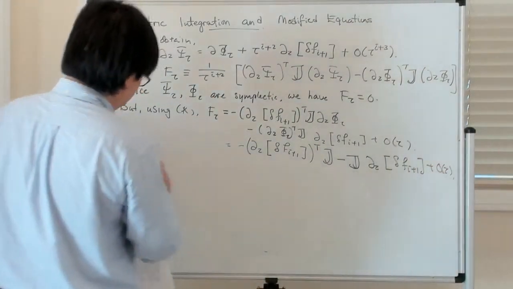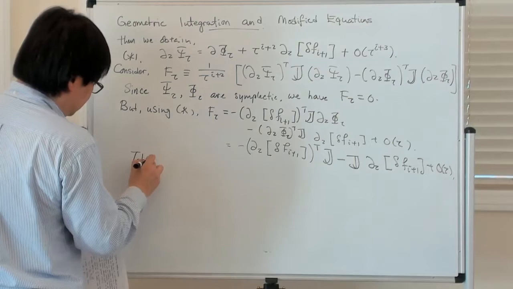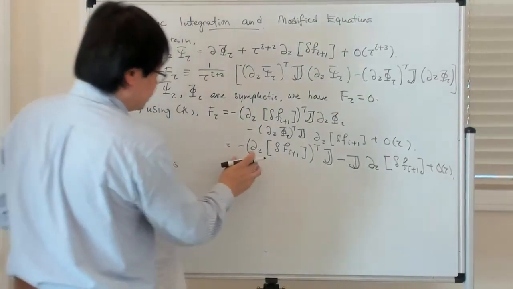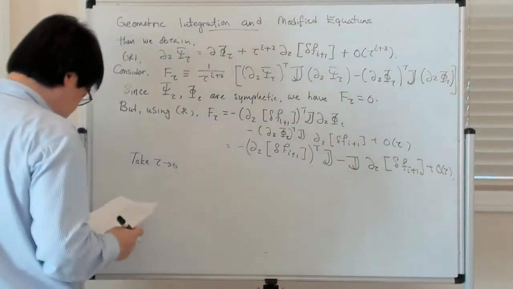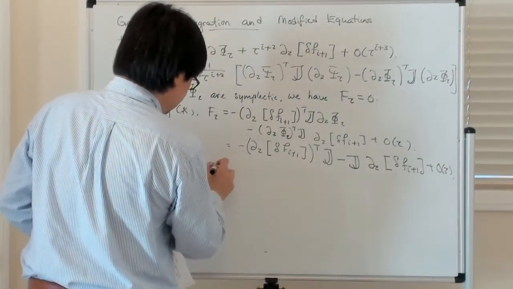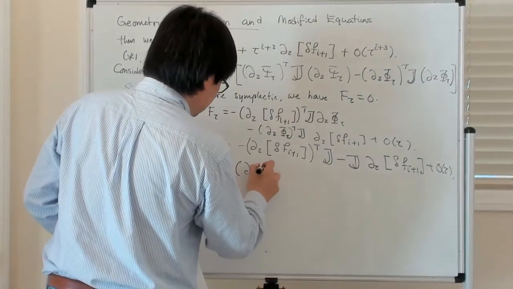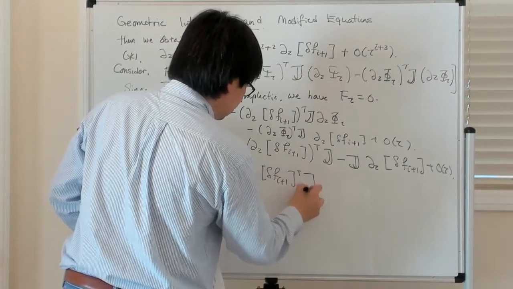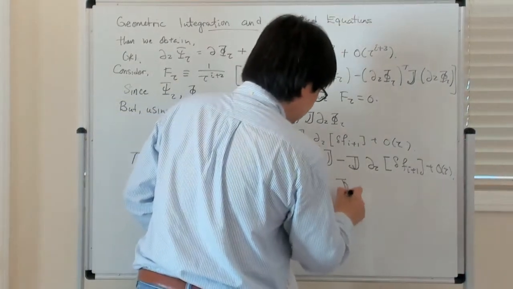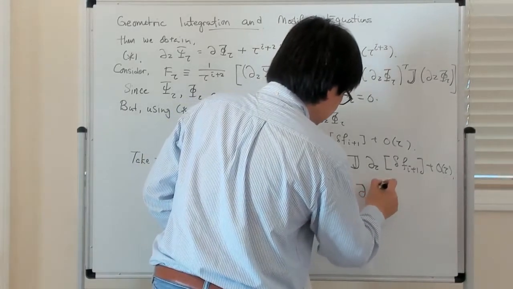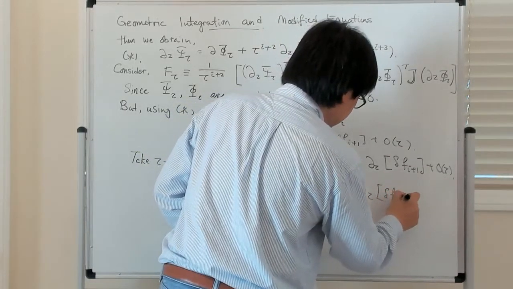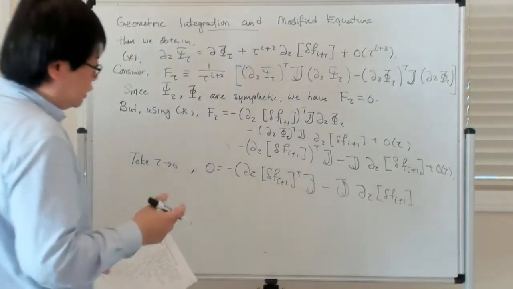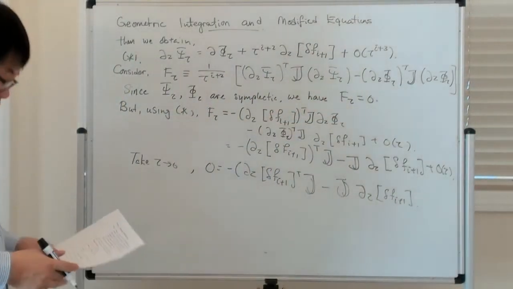Okay, and then if you take tau going to 0, you just get that this thing is equal to 0. You get 0 is equal to minus this condition here. All right, so this is what is called a condition for infinitesimal symplecticity.